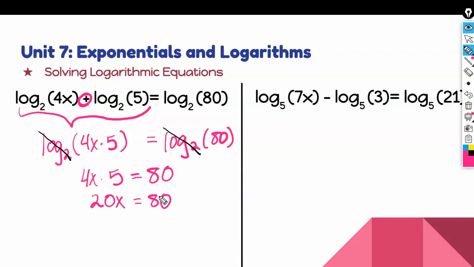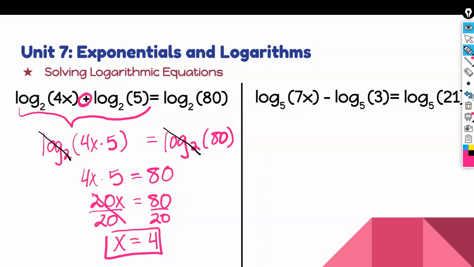And I want to get x alone, so divide by 20 on both sides. And you get that x equals 4. And you can always use a calculator for that last part.